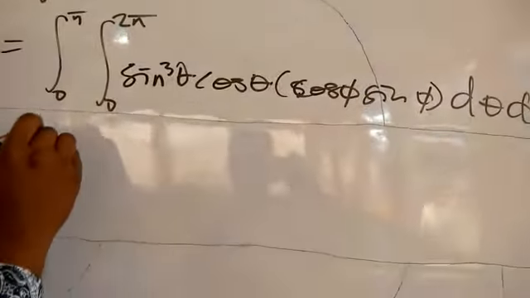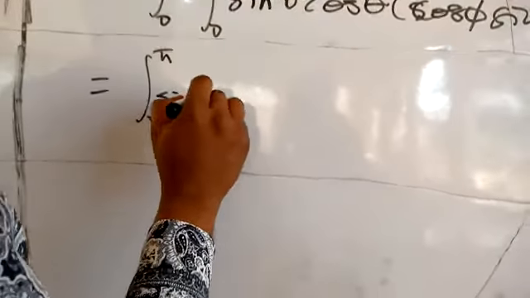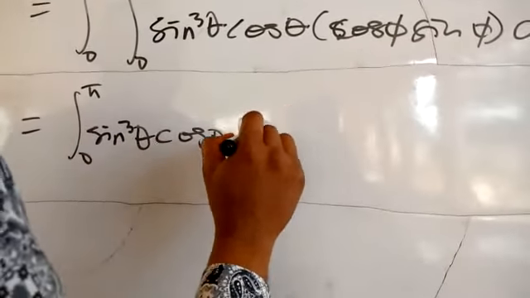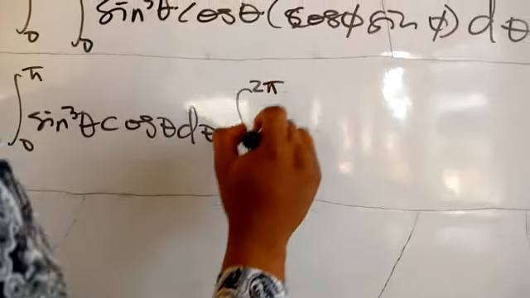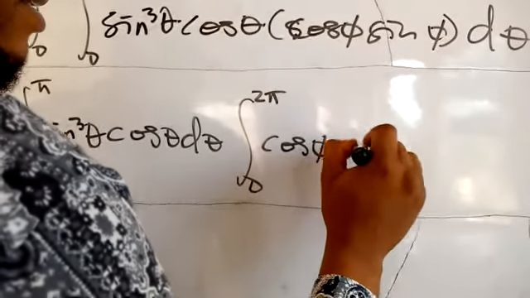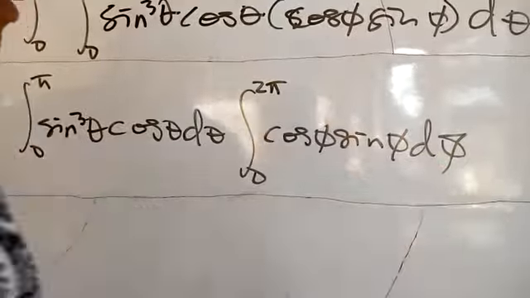This is the same thing as 0 to pi, sine cubed theta, cos theta, d theta, and 0 to 2 pi of cos phi, sine phi, d phi.